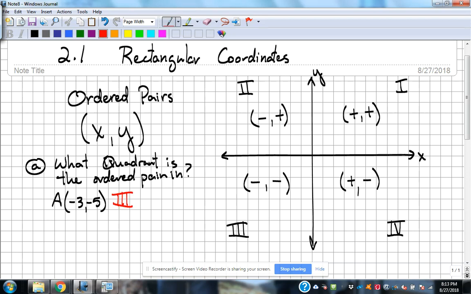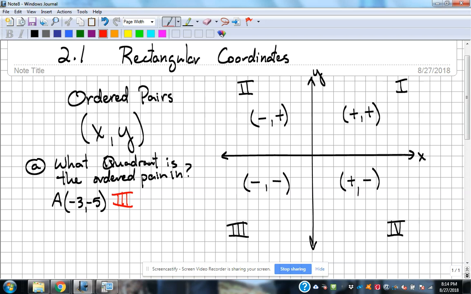If I was going to plot that point using the coordinate plane, -3, -5, I know it's going to land down here somewhere. So I do the left to right first. -3 needs to go 3 blocks to the left from the origin. The origin is the middle point there. 0, 0 is its origin pair. 3 blocks to the left, 1, 2, 3. 5 blocks down, 1, 2, 3, 4, 5.